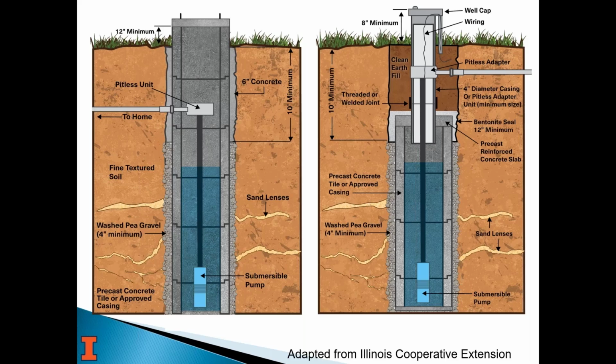And then the one on the right is like the bottom left picture from before. It looks like a regular 6-inch drilled well, but in fact, and this is exaggerated in this diagram, it's just meant to be a casing so that you can put, this says clean earth fill, could also be concrete, so that the upper 10 feet doesn't have infiltration from the surface.